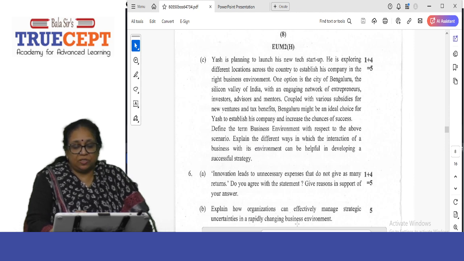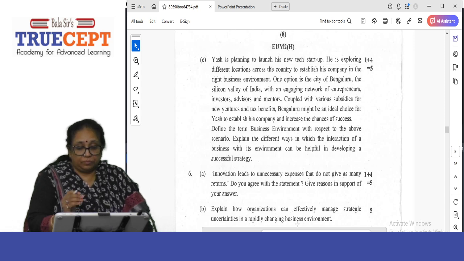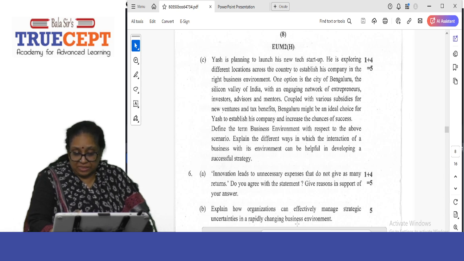Yash is planning to launch his new tech startup. He is exploring different locations across the country to establish his company in the right business environment. One option is the city of Bengaluru, the Silicon Valley of India, with an engaging network of entrepreneurs, investors, advisors, and mentors, coupled with various subsidies for new ventures and tax benefits.